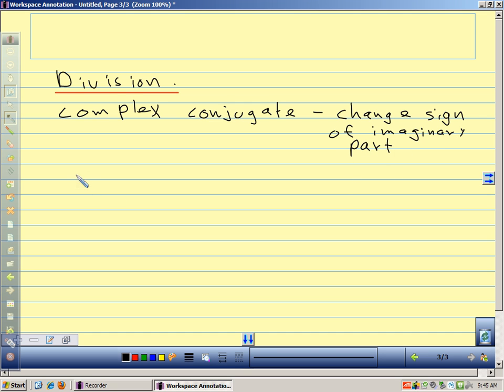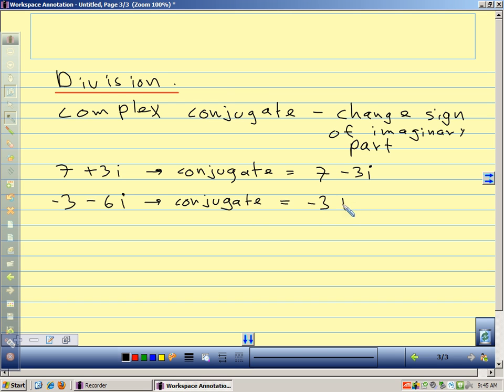So if I have a complex number 7 plus 3i, the conjugate is 7 minus 3i. If I have negative 3 minus 6i, the conjugate is negative 3 plus 6i.